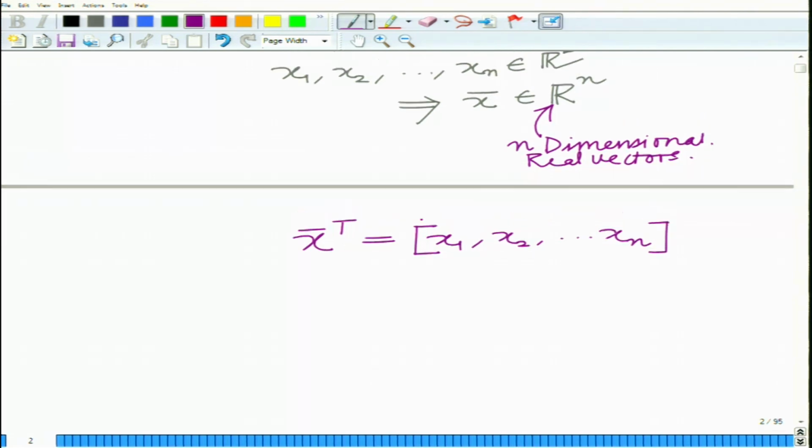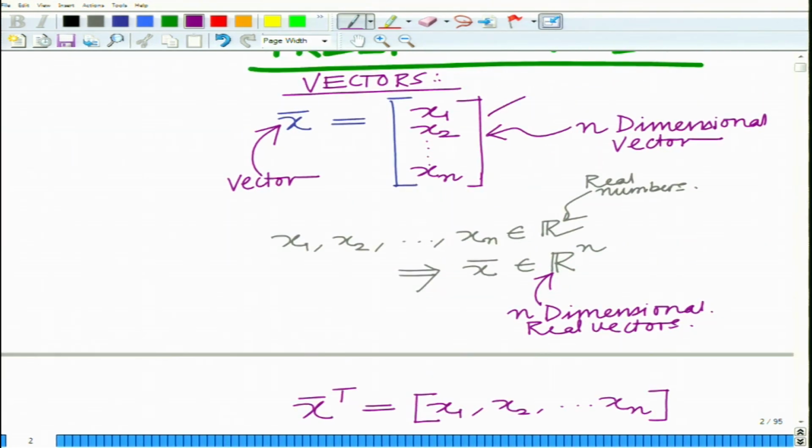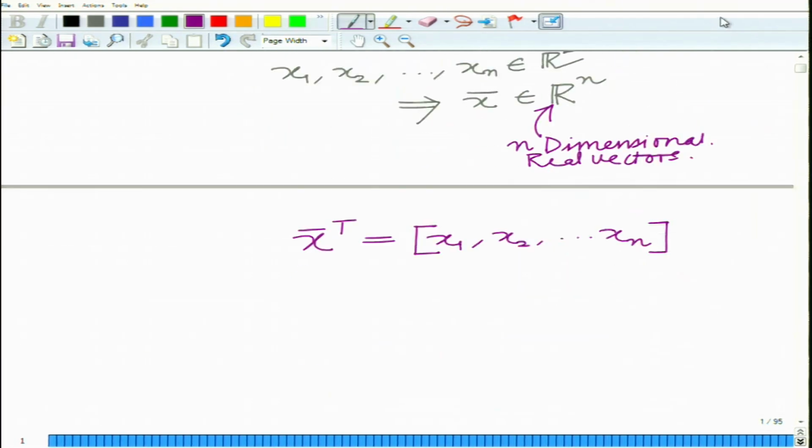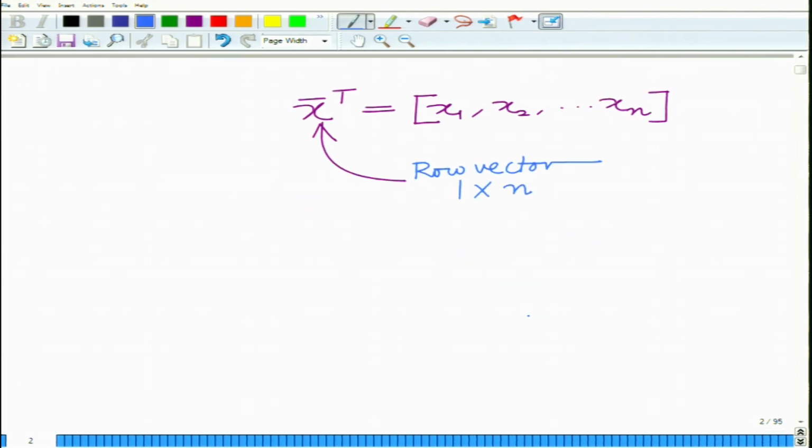So x bar is a column vector, or basically has dimension n cross 1. Now, x bar transpose is a row vector which is of dimension 1 cross n, that is 1 row and n columns.